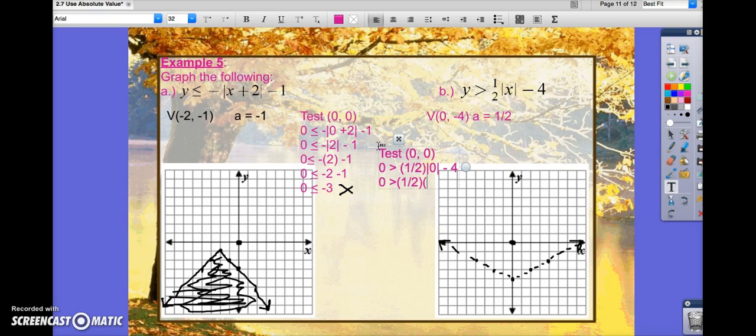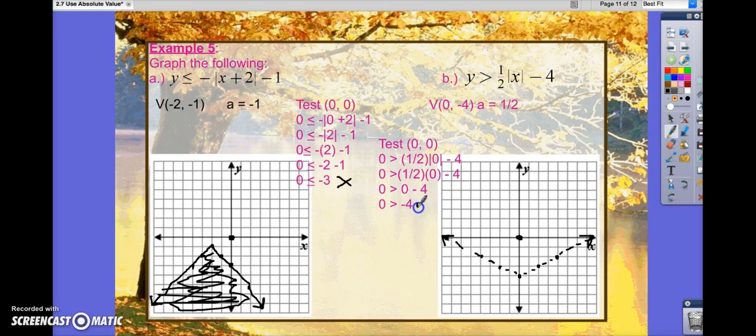Absolute value of 0 is just 0, so that's an easy one. 1/2 times 0 is 0, minus 4. 0 greater than -4. We know that to be true, so I shade where 0, 0 is.